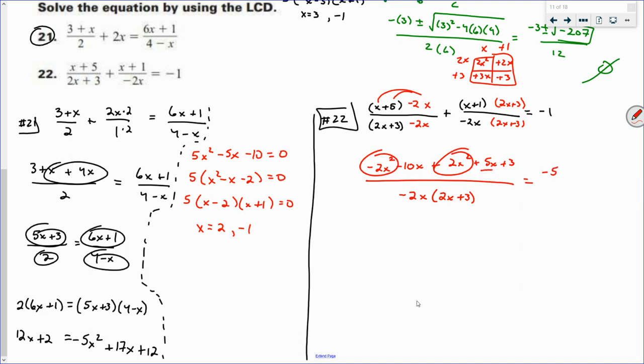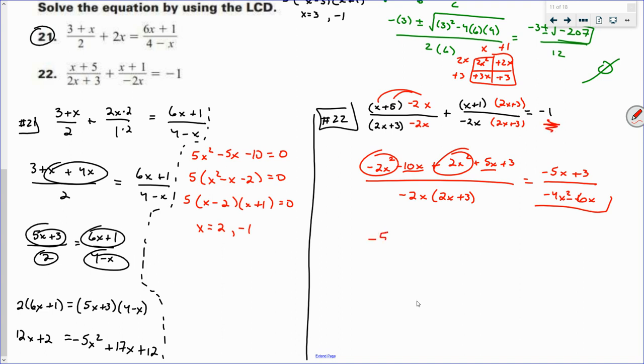Negative 5x plus 3 over negative 4x squared minus 6x. So this is our left-hand side. We still haven't messed with this negative 1.